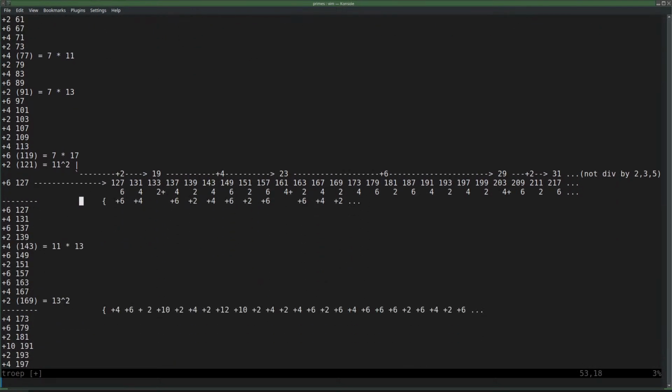I can make this one longer. So that becomes plus 4, plus 6, plus 2, plus 6, plus 4, plus 2, plus 4, plus 2. Finally we have a plus 10. Boy, nearly. Plus 2, plus 6, and so on.